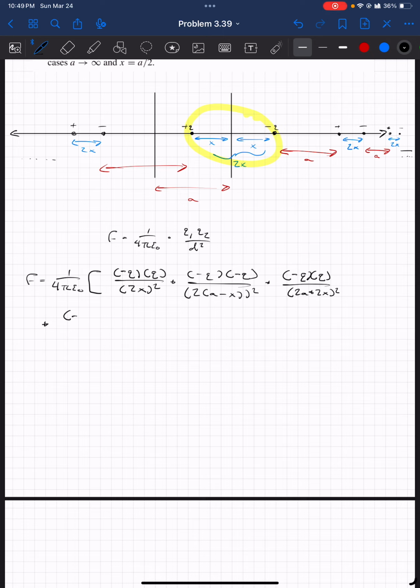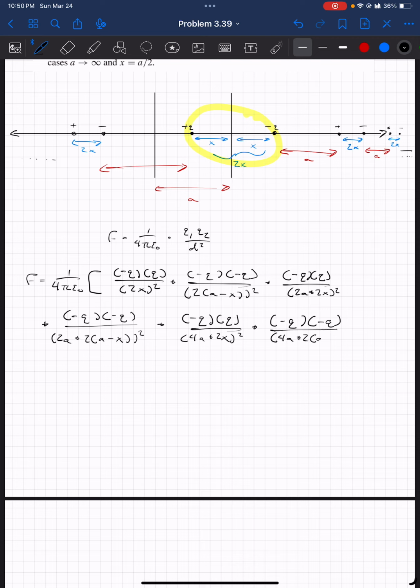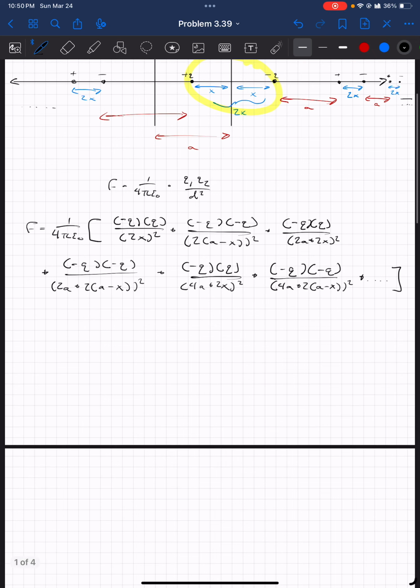In addition, we will consider negative q times negative q over a distance of 2a plus 2 times a minus x squared, plus the force from the negative q multiplied by positive q, a distance of 4a plus 2x squared. And additionally, we will consider negative q times negative q, a distance 4a plus 2a minus x squared. And this continues infinitely as the charges get further and further from the planes.